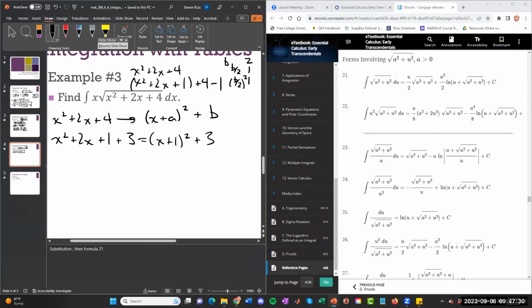So if I rewrite this integral as the integral of x times the square root of x plus 1 squared plus 3 dx, is it any clearer that rule 21 is the one to use?